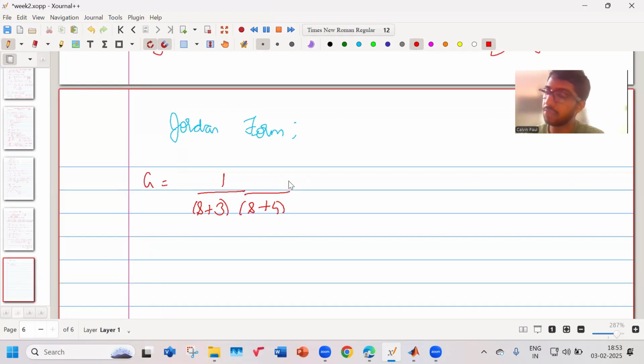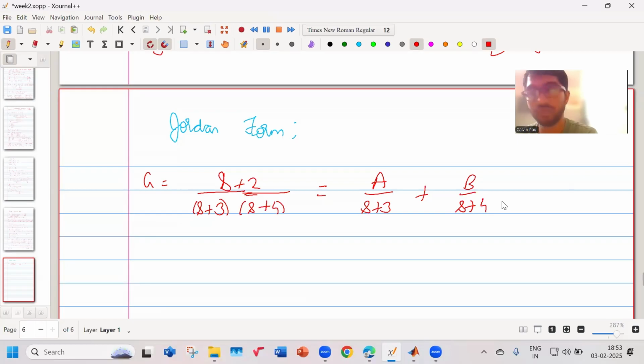Okay, I made it very simple. So we convert it into partial fractions first. Okay, let me make it more difficult. Let us write s plus 2 over here. So this in partial fraction form, we write it as a upon s plus 3 plus b upon s plus 4.